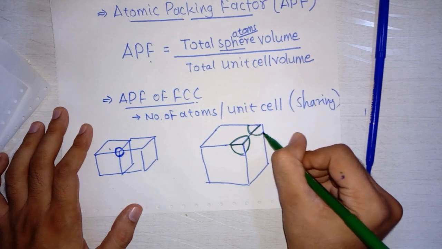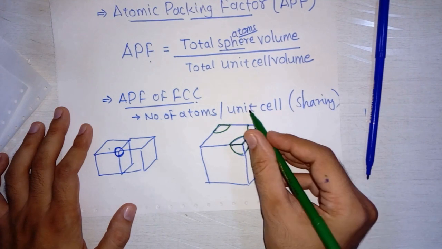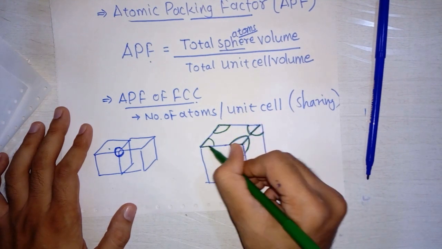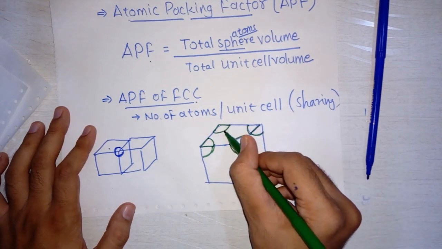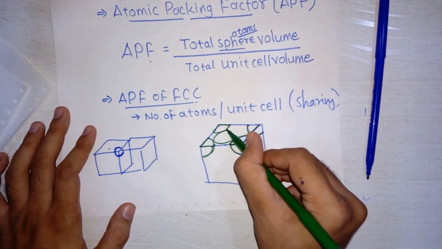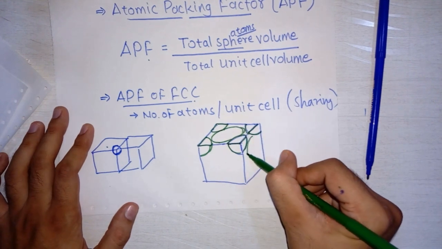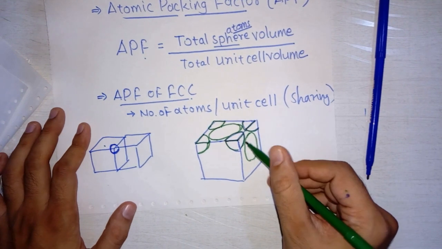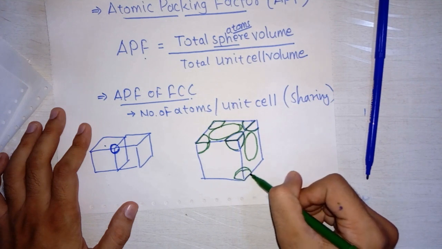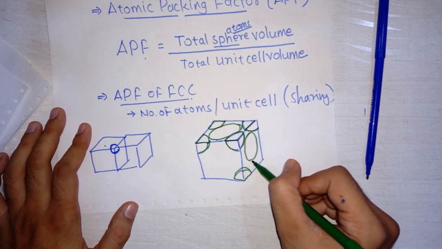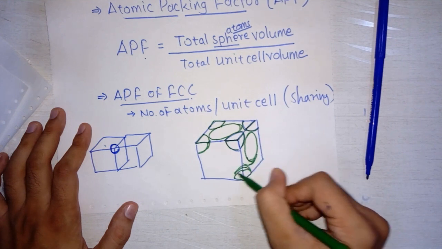We have one atom over here, another atom over here, one atom over here, and we have a face centered atom touching all of these. Again we have one more face centered atom over here, and this atom must touch this particular atom.